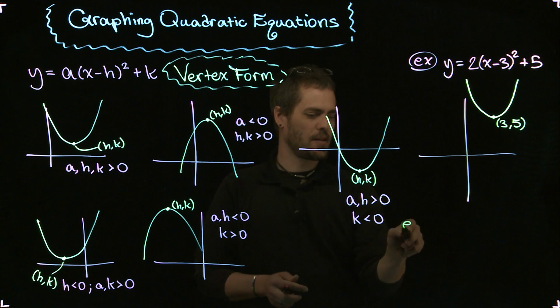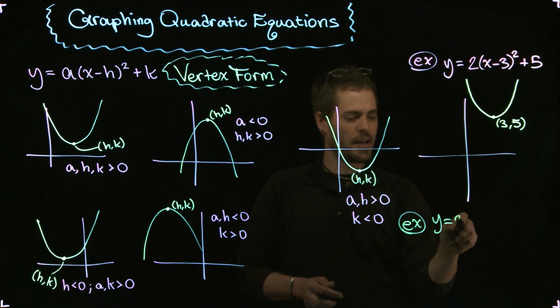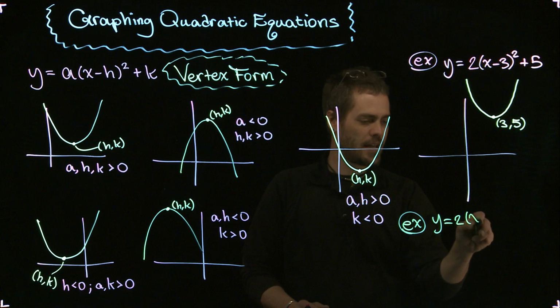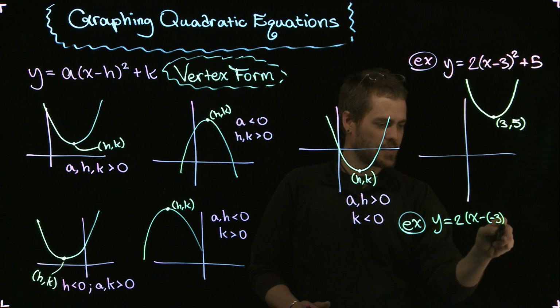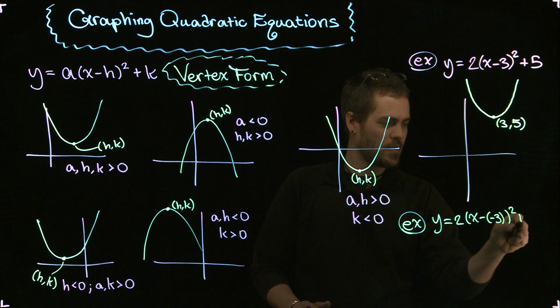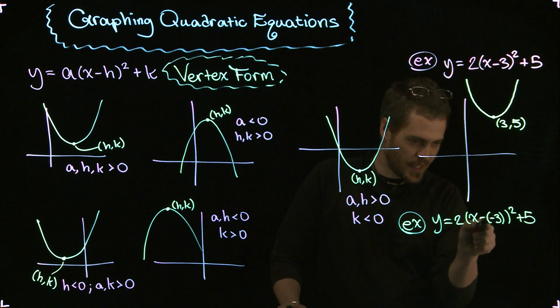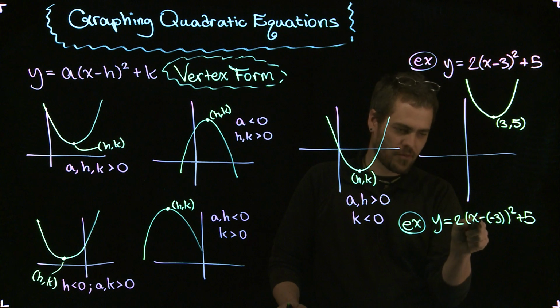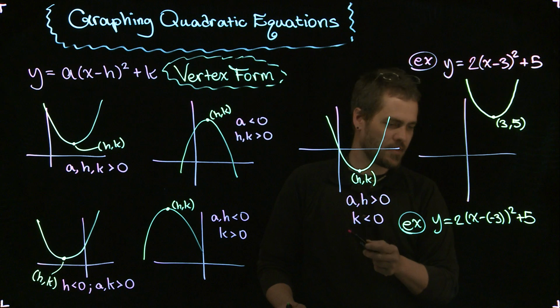If I had another example, let's keep a similar a, but let's say I had x minus negative 3, quantity squared, plus 5. Normally you would see that as a plus 3, right? But you have to force it to have this minus in there so that you can tell whether this value is positive or negative.